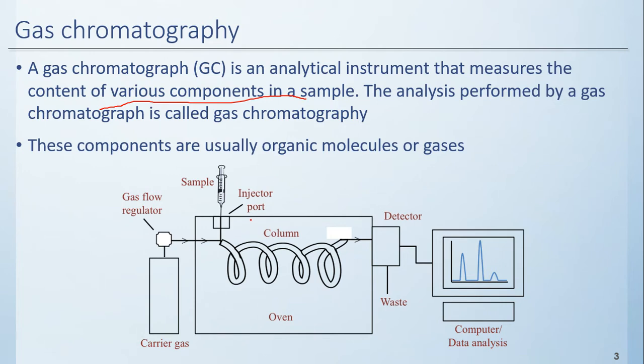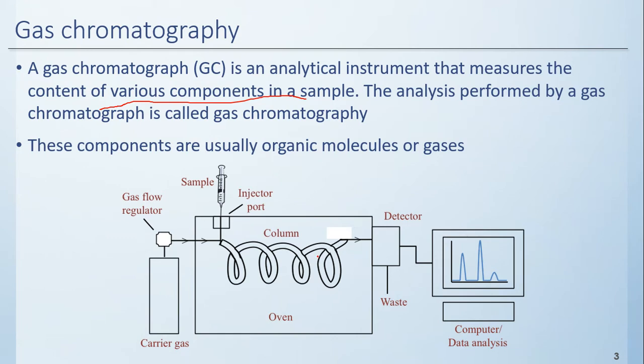Now, the working is this. This is a schematic representation of a gas chromatography. Here you have a carrier gas which flows into a helical or spiral structure of tube, and at the other end you have a detector which detects the quantity of components, and the same can be plotted in a computer as some graph.